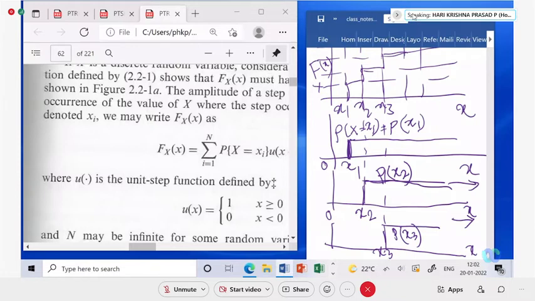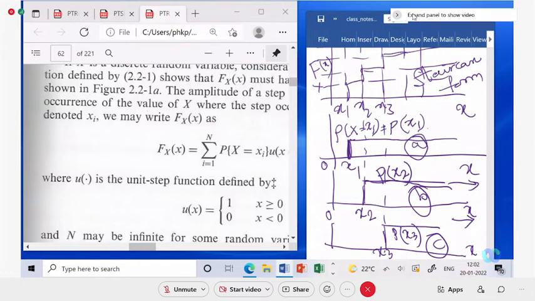How do I get this original staircase waveform? By adding the step functions in figure A, figure B, figure C, and so on. Is it clear? So, two things we should remember. What is the magnitude associated with the unit step function?